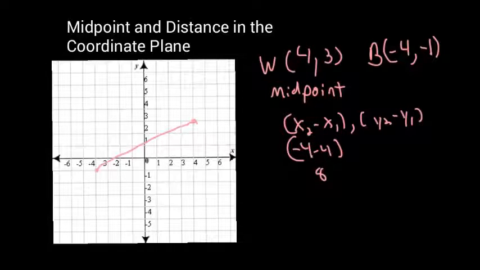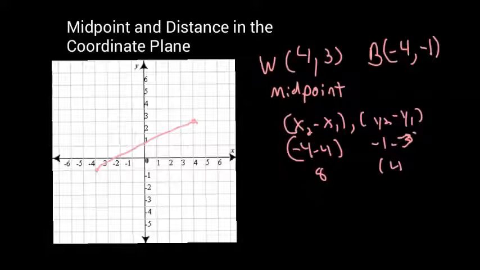And then y2 would be negative 1 minus 3, sorry, minus 3, it's positive 3. So negative 1 minus 3 would give us negative 4, but again, we can't be negative, so it would be 4.